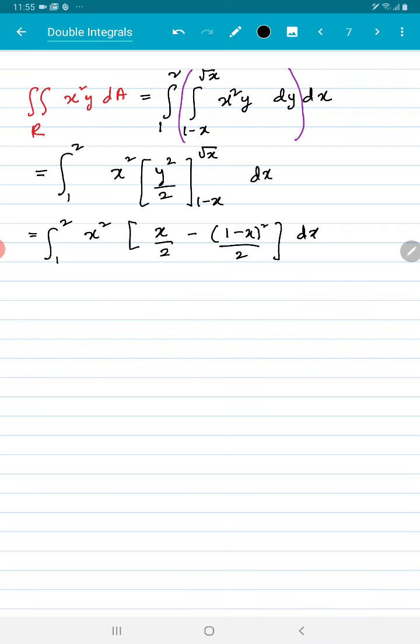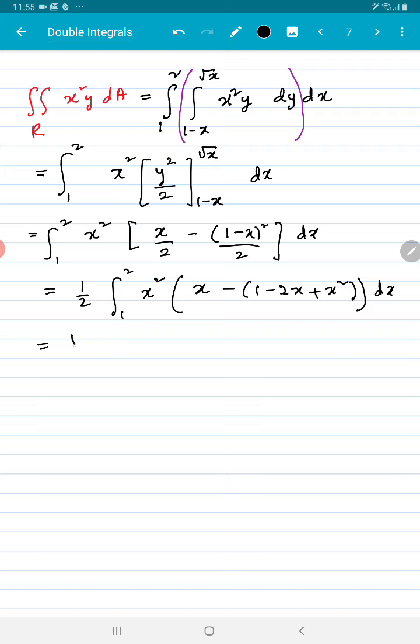Okay, and then simplify this. I'm going to put a half here. It's a constant, so I'm going to write that before the integration. Now we simplify this as x times, well, expand: (1 minus x) squared gives you 1 minus 2x plus x squared.